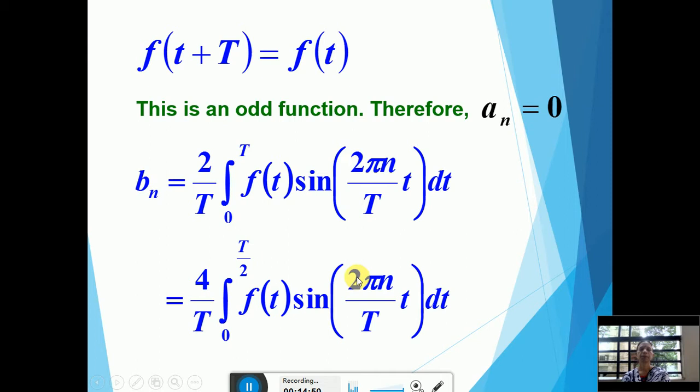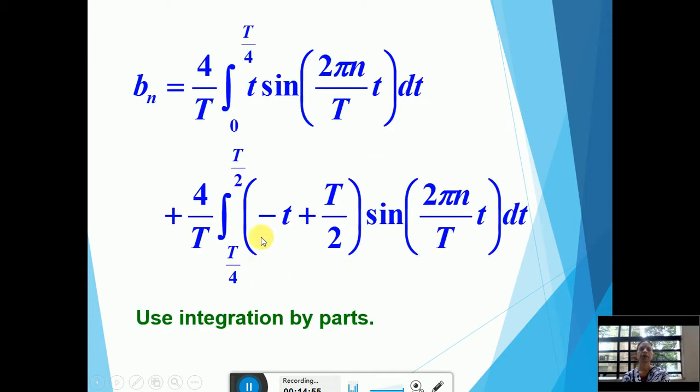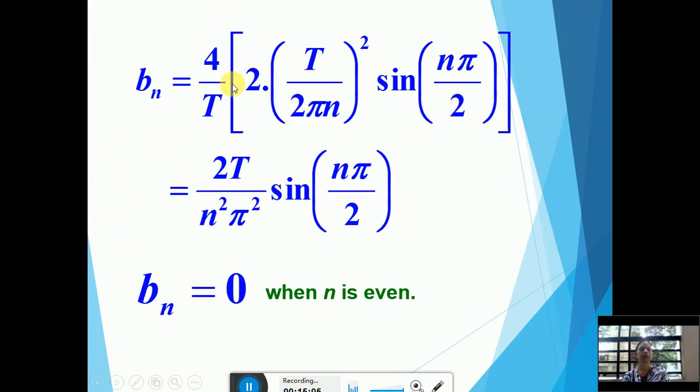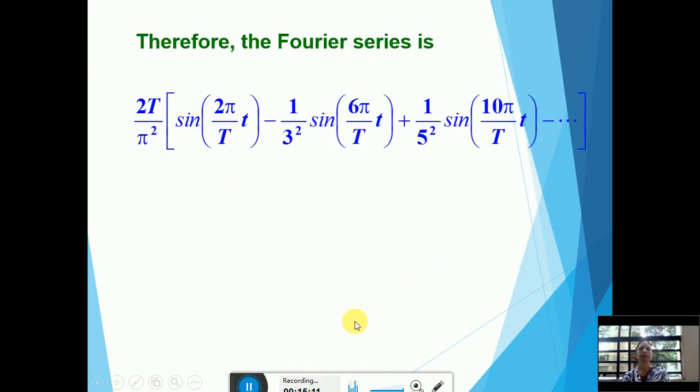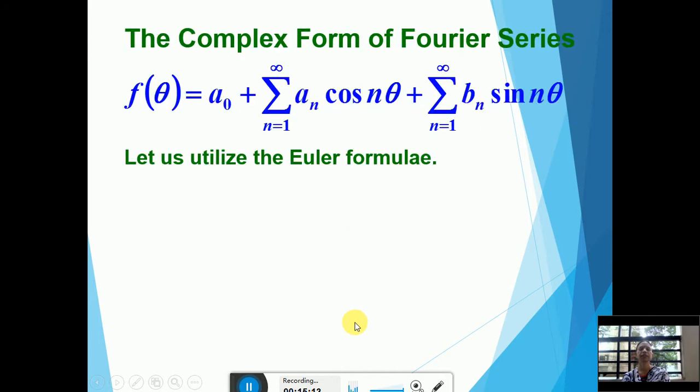Bn is calculated like this. Use integration by parts. You divide this integral between 0 to T by 4, and T by 4 to T by 2. When you integrate, this becomes 0, so n is an even function. Therefore, the Fourier series is given by this.